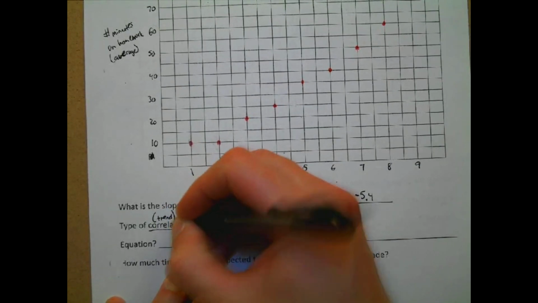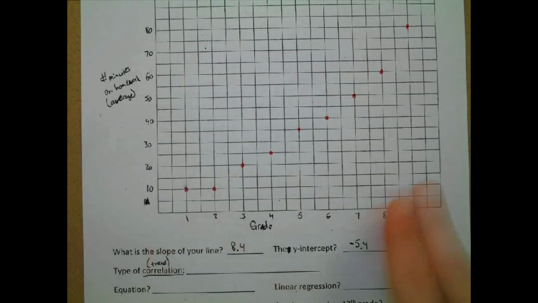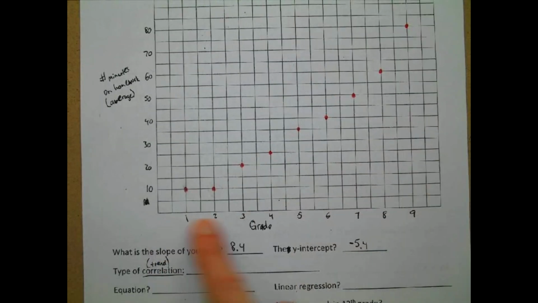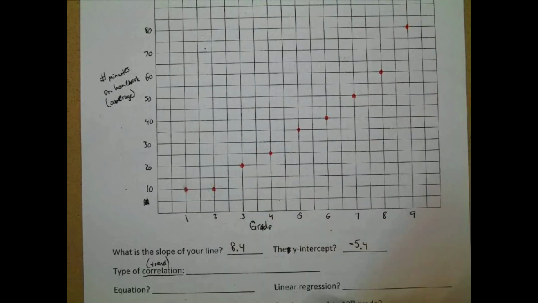What happens to our data as the grade increases? What does it look like is happening to the number of minutes? It is increasing. Decreasing one point. Are you sure you plotted the correct point there? I would say check your work, because I don't think mine all increased. Oh wait, I think you maybe misgraphed something. But overall, it's a positive correlation here.